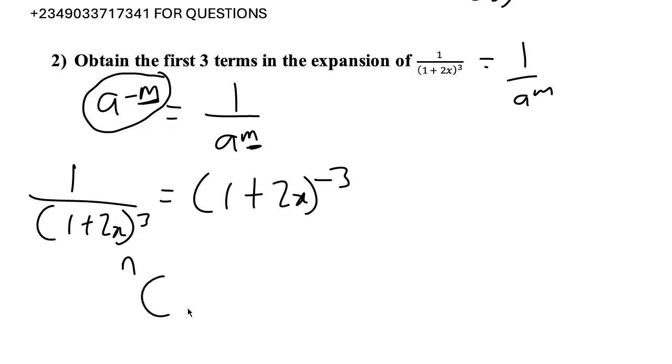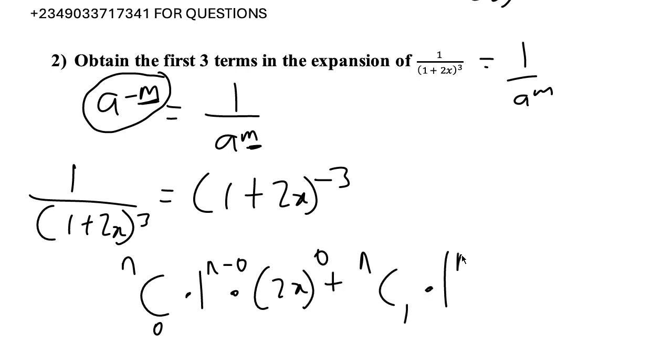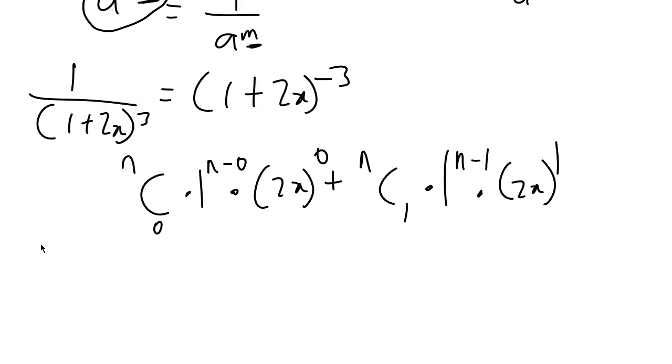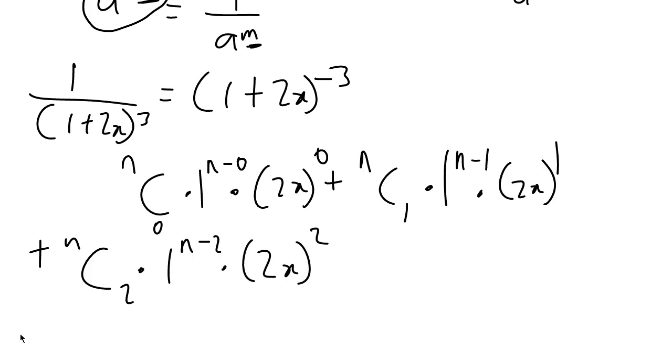You start with n. So that's n combination 0, 1 to the power n minus 0, 2x to the power 0, plus n combination 1, 1 to the power n minus 1, 2x to the power 1. And then lastly, you have n combination 2, 1 to the power n minus 2, 2x to the power 2. And the job is done.